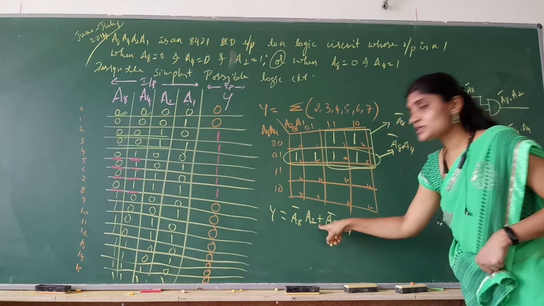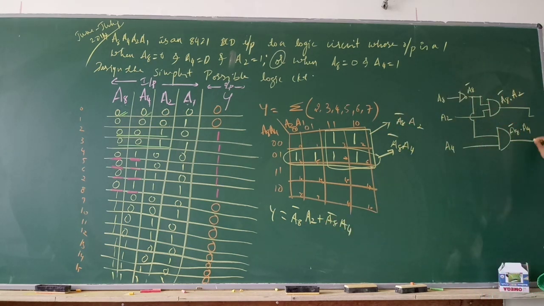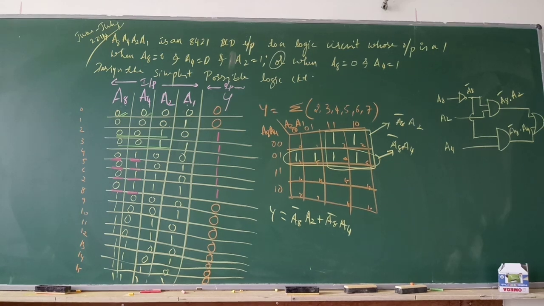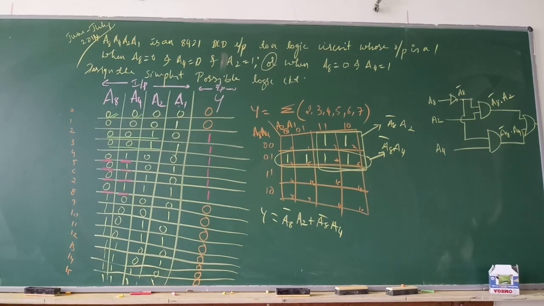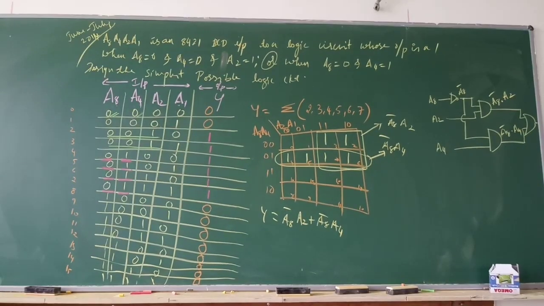Between these two terms, plus, that means you have to go for an OR gate. Okay, so this is the diagram. This is the circuit you have. Right. So what is the final equation that we get from the OR gate output terminal? The equation is A8 bar A2 plus A8 bar A4. So this is the simplest possible circuit that we can get.